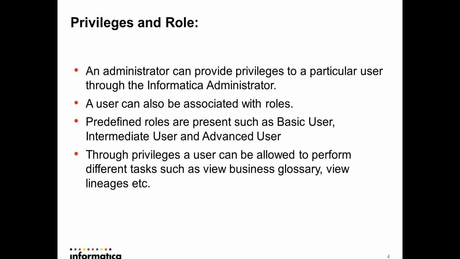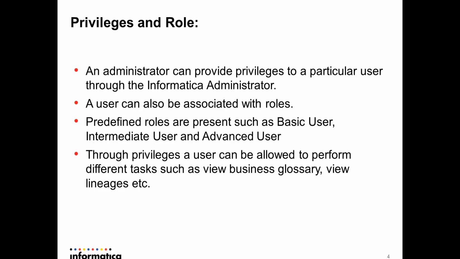An administrator in general can provide privileges to a particular user, and he can do that through the Informatica Administrator. Secondly, a user can also be associated with roles. There can be different roles. You can either customize the role, or you can also use preset action privilege groups such as administrator, basic user, intermediate user, and advanced user.